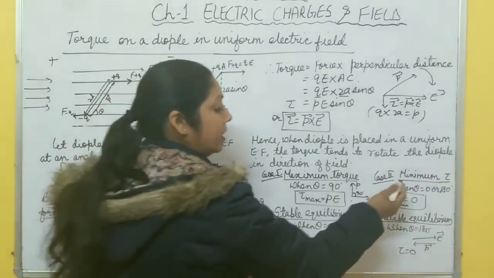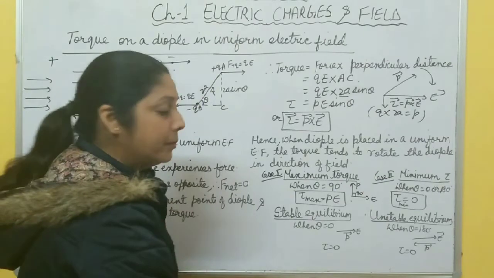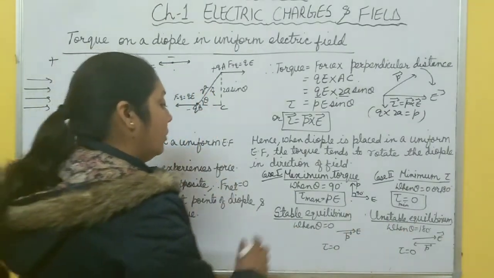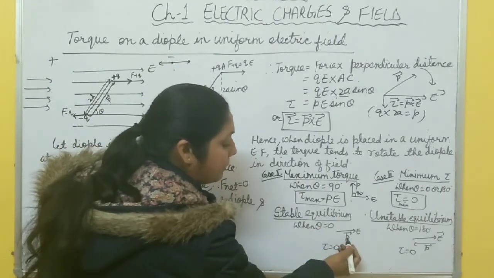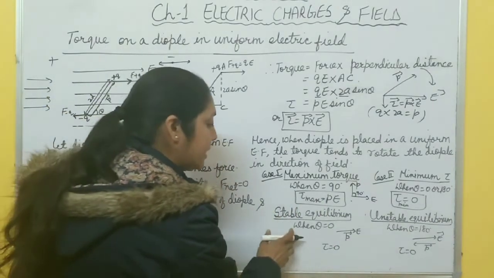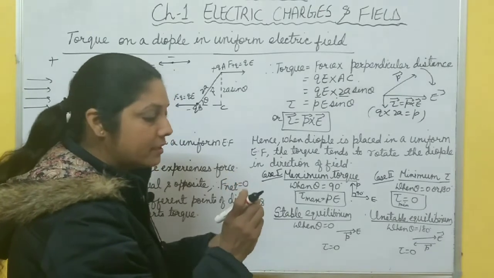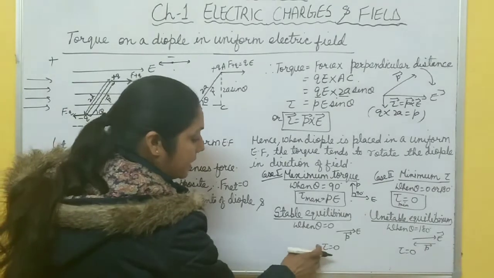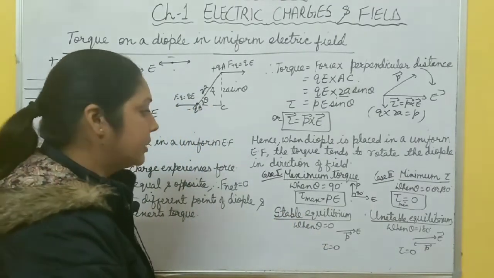Now again, in both the cases torque is 0, but one position is for stable equilibrium and the other is for unstable equilibrium. Stable equilibrium is when theta equals 0, which means electric field and dipole moment are both in the same direction. In this case, what happens? When you slightly rotate the dipole, it just comes back to its original position. So in this case torque is 0 and this condition is a stable equilibrium condition.